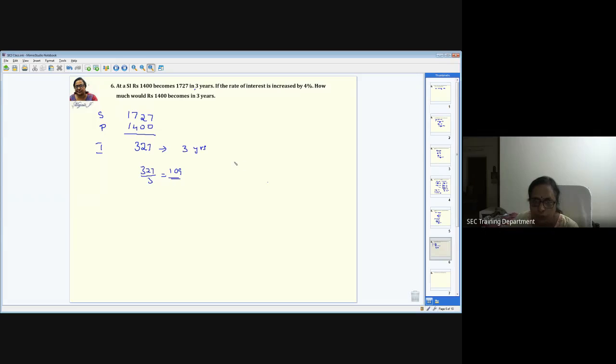Okay. So you can also find the interest rate. So what is the interest rate now? When the principal is 1400 and your interest for 1 year is 109, you can find the rate of interest. The interest which you're getting, 109, is nothing but R percentage of the principal.